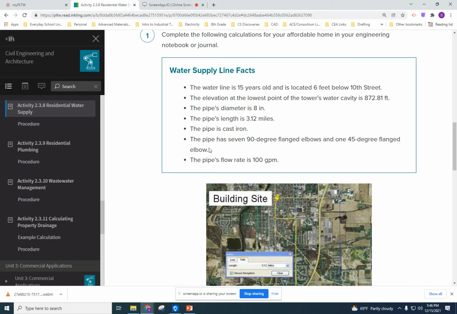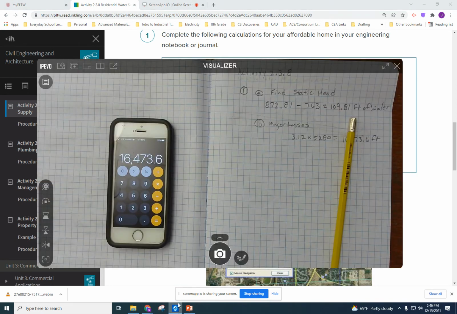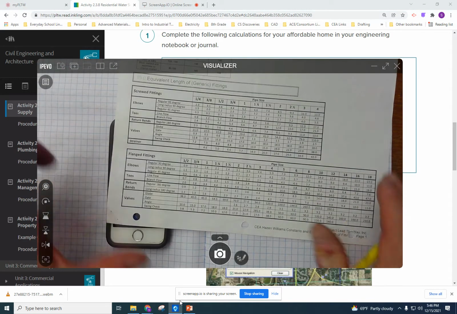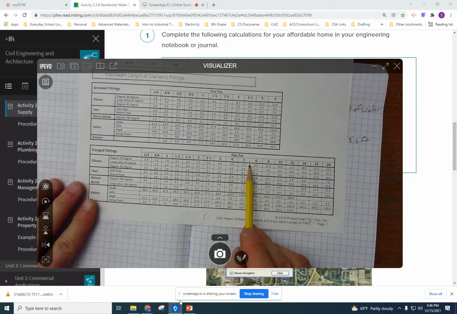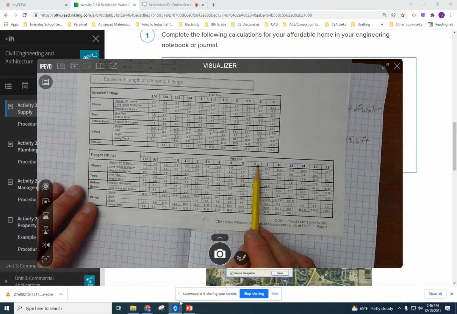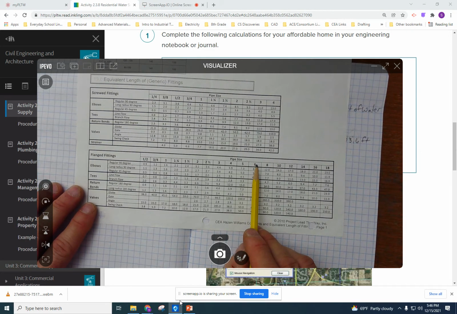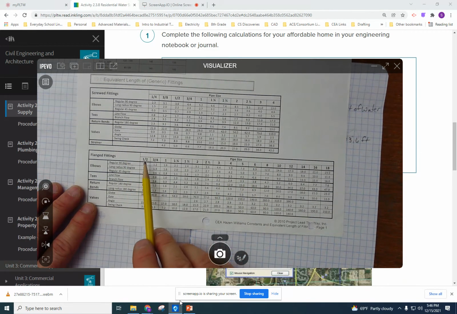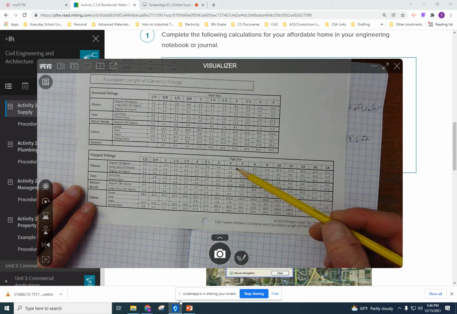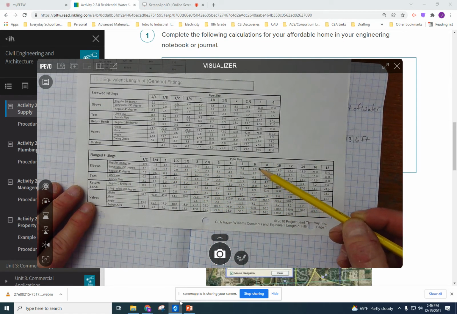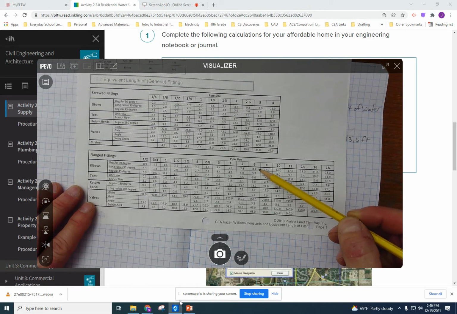We also know that we have seven 90-degree flanged elbows and one 45-degree flanged elbow. Those also take up some pressure due to friction. So we have to look up our fittings on this chart. For a 6-inch pipe that has flanged fittings, if you have a 90-degree elbow, you add 8.9 feet to that length.